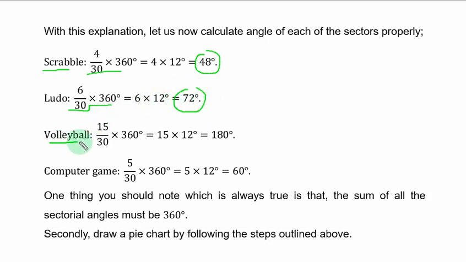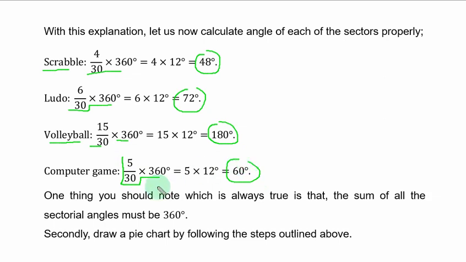You have volleyball, 15 students over total students times 360 degrees. That simplifies to 180 degrees. Computer game, you have 5 students over total students times 360 degrees. That simplifies to 60 degrees.